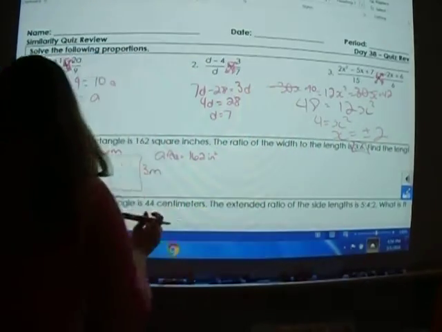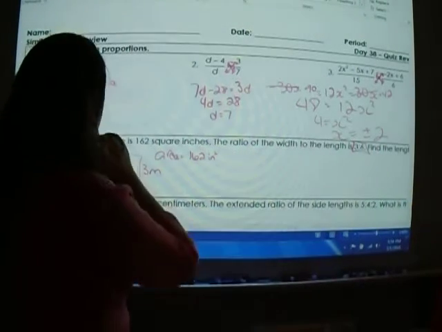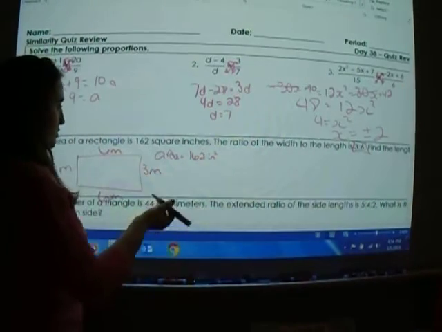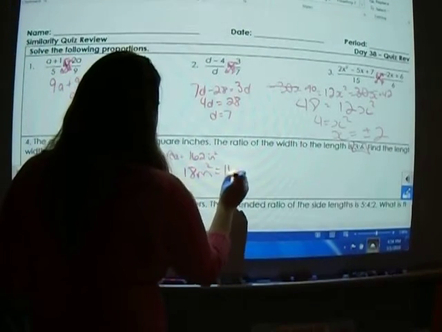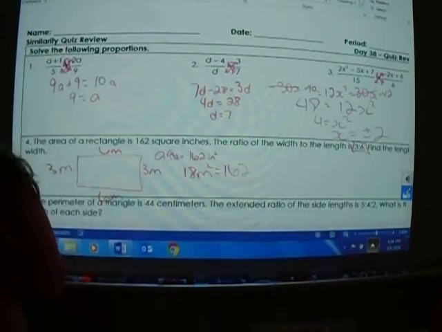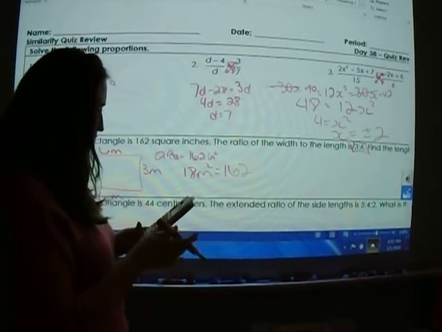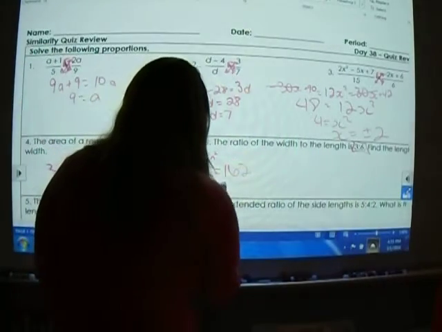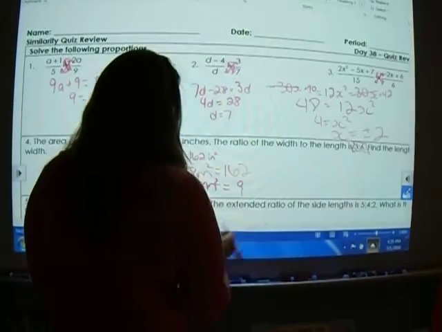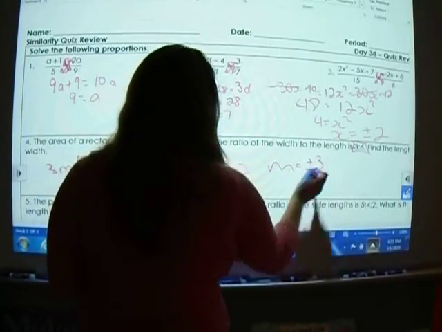So we have, hold on. Okay, so we have 3 times 6, so we have 18m squared equals 162. 162 divided by 18 is 9, so m squared equals 9. So m equals plus or minus 3.